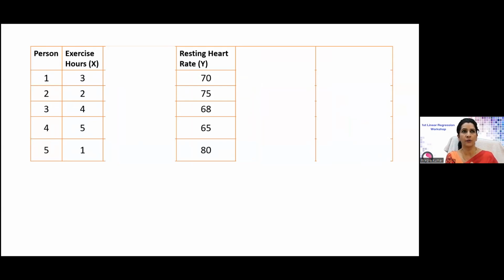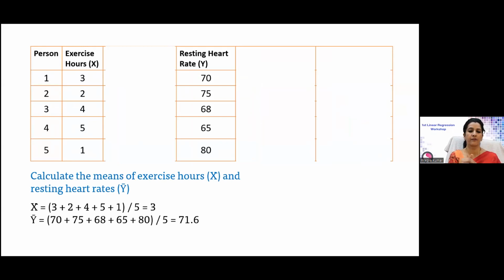Now, how will you calculate the variance in the case of the exercise hours? If I have to calculate the mean of exercise hours, what will it be? I'll do 3 plus 2 plus 4 plus 5 plus 1, divided by 5. So the mean is 3. Now the mean of the resting heart rate Y, which is 70, 75, 68, 65 and 80, will be 71.6.